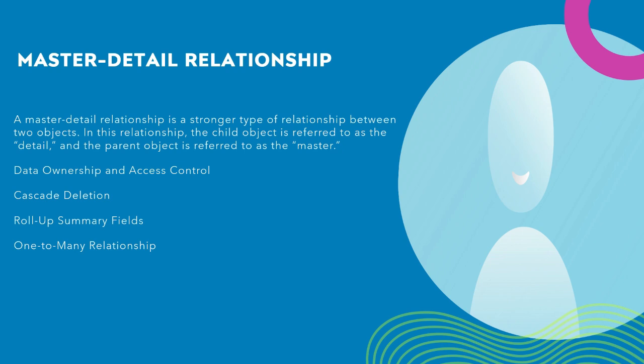And obviously it is a one-to-many relationship, where one child can be associated with one parent, and at the same time, multiple children can be associated with a single parent. And we have a feature called roll-up summary fields, exclusively available in master detail relationship, where we can see the summary of the child records on the parent object. Okay, we'll try to understand with an example.